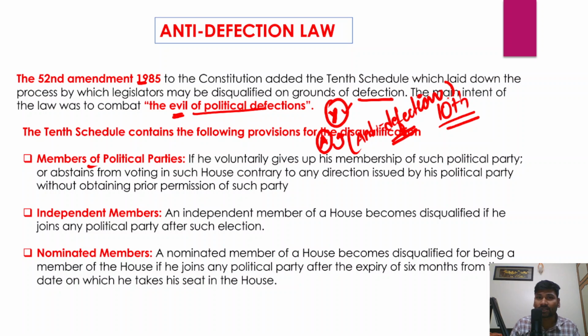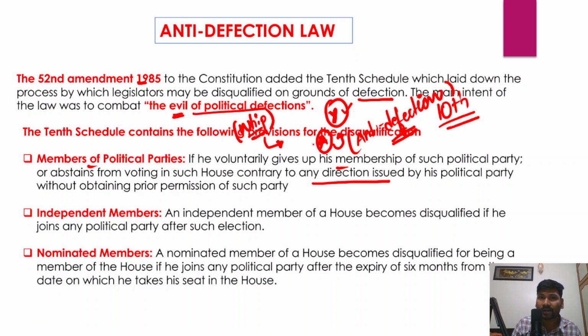And it is not just with respect to giving up the membership of the political party by member A, but it also applies if member A abstains from voting in the House contrary to any direction issued by the political party. For example, member A belonged to political party Y, and whenever any key bill came up for voting, political party Y issued a whip. A whip is an order or dictum issued by the political party to the respective members, and members should uphold this dictum or whip of that political party.